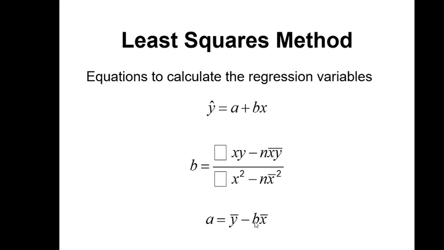So you have to calculate B first in order to be able to substitute the value of B in the equation of A. Okay, so we'll use these two formulas, the B equation and the A equation, in order to calculate the value of A and B. If you calculate A and B, the value of X, of course, will be given. Then you don't have any problem calculating sales or demand or any other forecasted values.